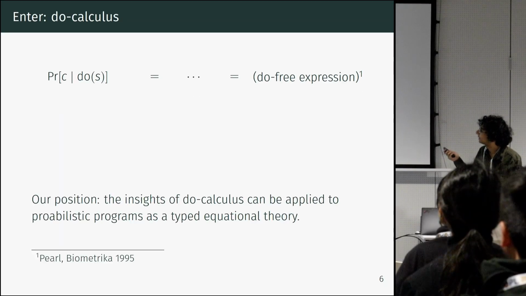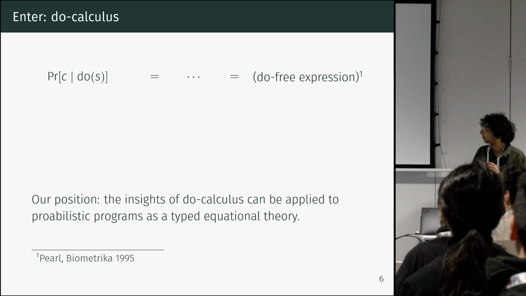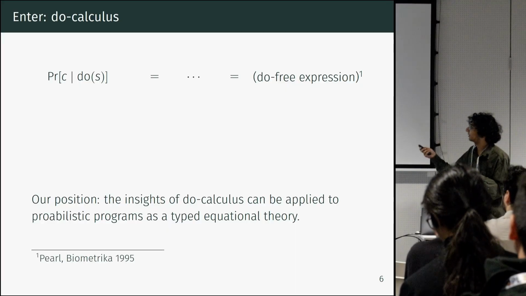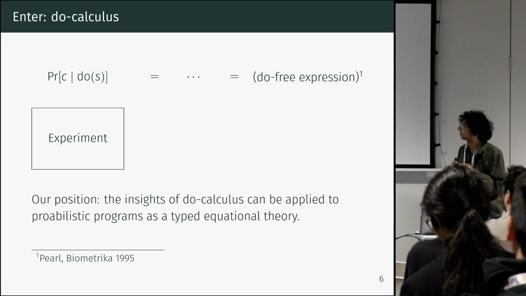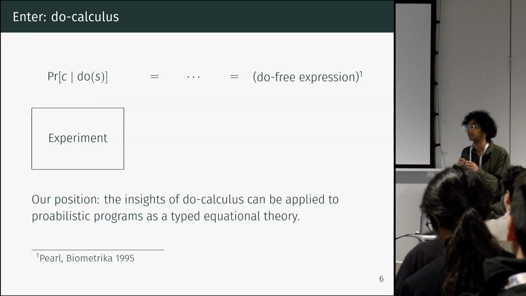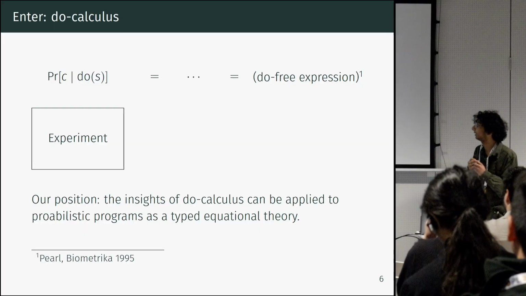So our position is that these insights in do calculus and these equations can be applied to probabilistic programs as a typed equational theory. What we mean by this is that this expression, the probability of C given do S, corresponds to these programs representing experiments like we had on the last slide.